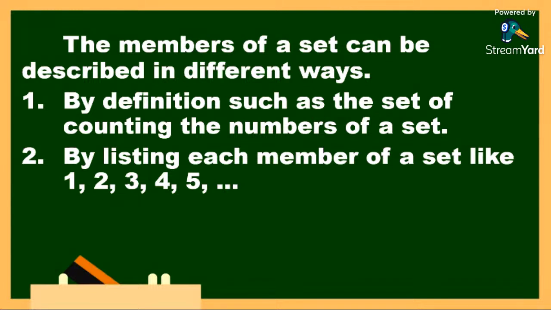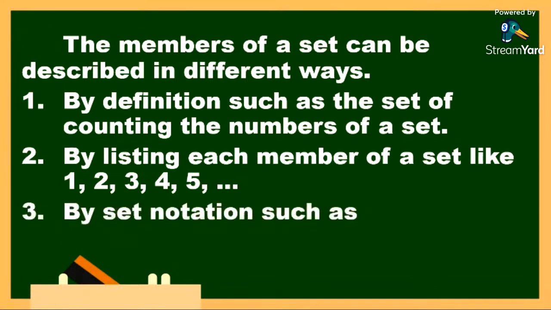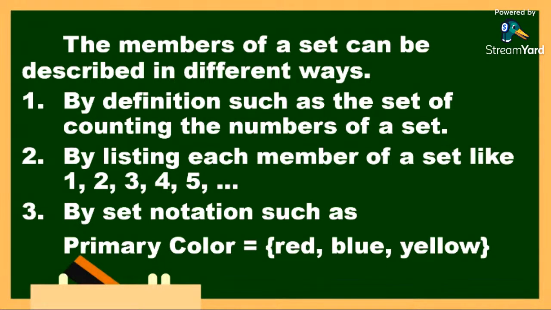At number 3, by set notation, katulad ng the set of primary colors such as red, blue, and yellow. Okay, dito naman sa number 3 ay gumagamit tayo ng grouping symbol katulad ng braces. So dito ay ipinapakita na yung tatlong primary colors na yon ay element siya ng set of primary colors. So gumagamit lang ng grouping symbols like braces.